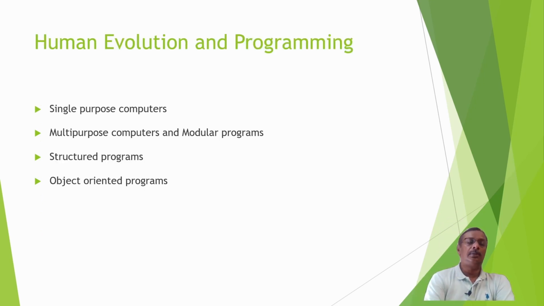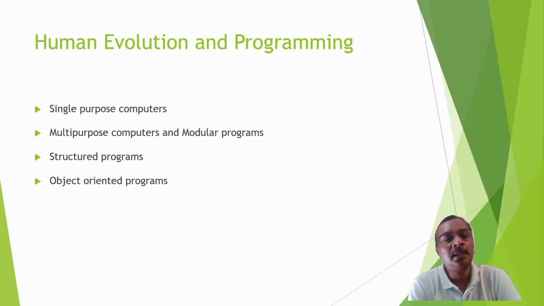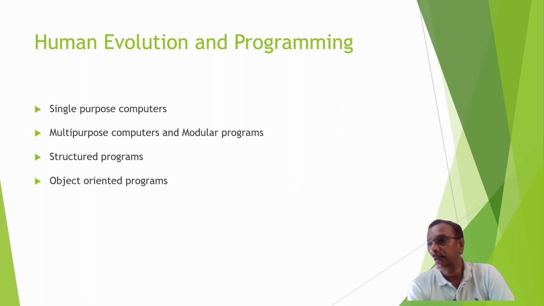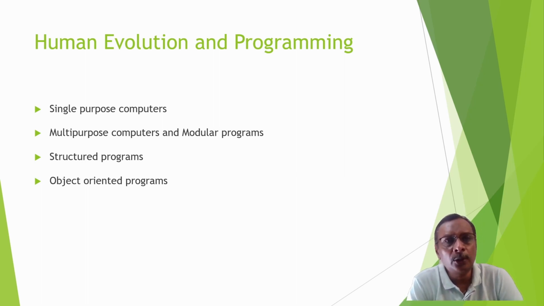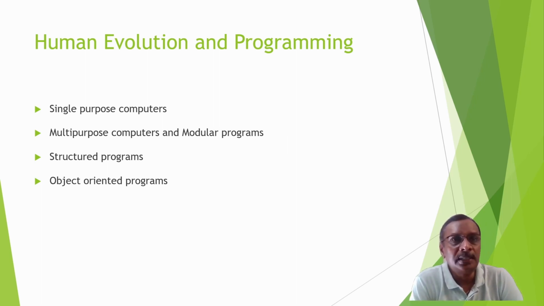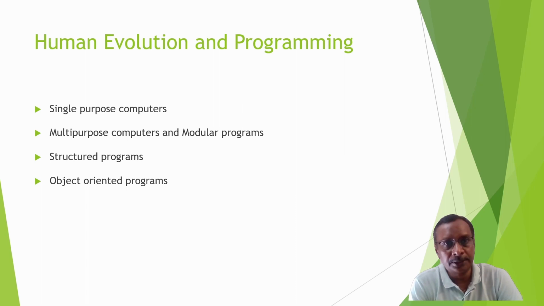So similarly, if you take computers, earlier it used to be single purpose computers. What do I mean by single purpose computers? A computer that can do only one job. Say for example, a microcomputer that is inside a device, say for example inside your washing machine.